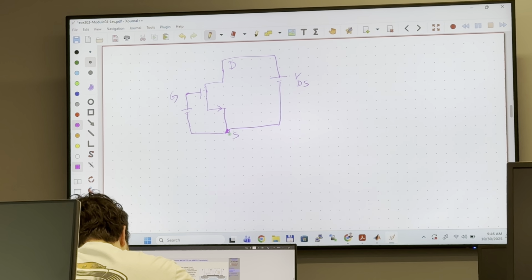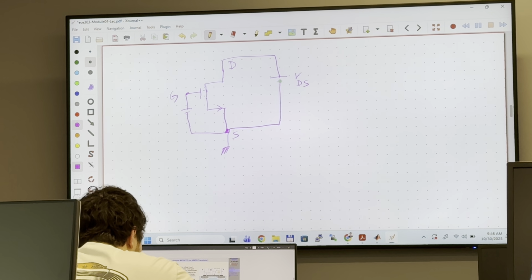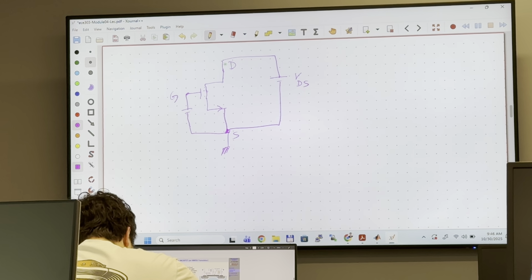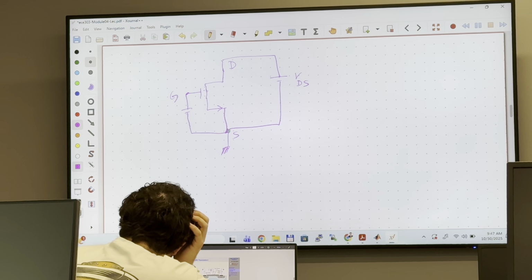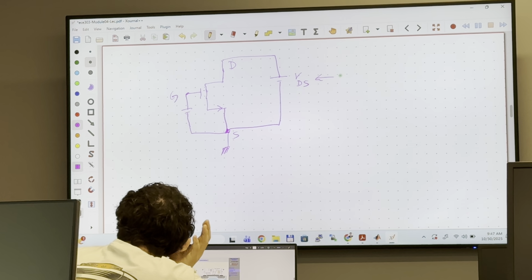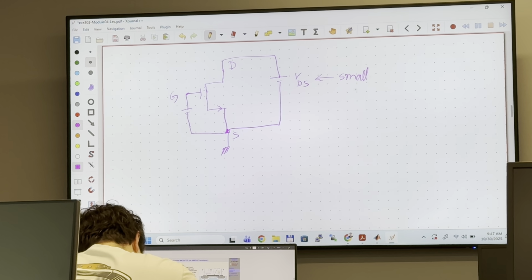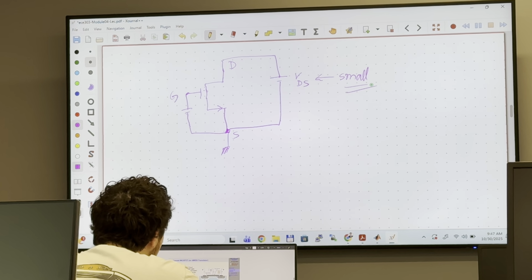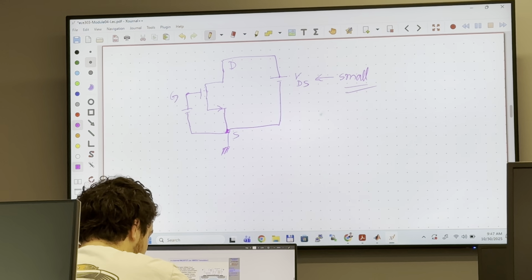If the source is connected to ground, then you can simply say VGS equals VG, and VDS is simply VD. Now the source is connected to ground, so we are applying voltage at the drain terminal with respect to source, but the keyword here is small. And how small it is, you will be clear in a moment. Okay? Keyword here is small.